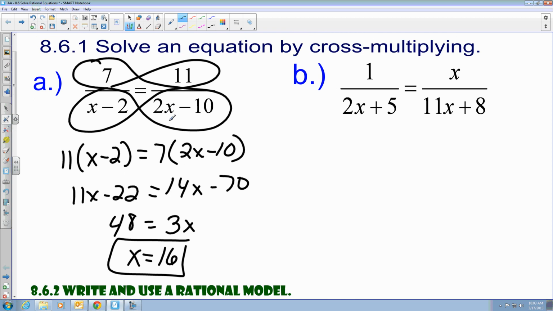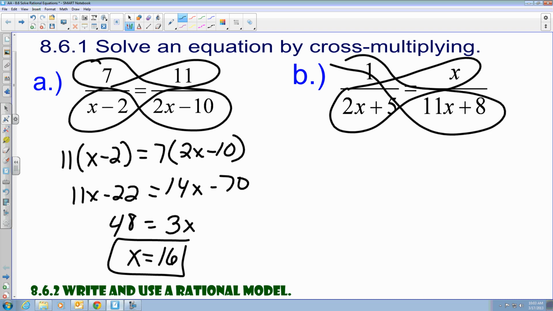Okay? If I look at B, again, I'm going to cross multiply. This value here, this value here. So now I'm left with x times 2x plus 5 equals, and 1 times anything is just whatever it is. So I'm just going to leave it as 11x plus 8.